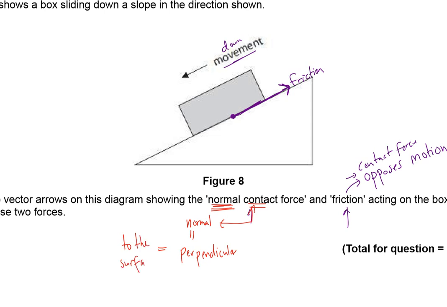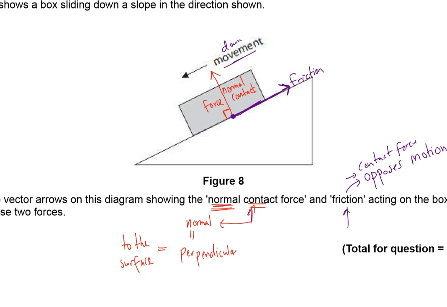Again, make sure you get this correct. I draw a line from the surface in the middle all the way up, like this. This is perpendicular, and this is the normal contact force.